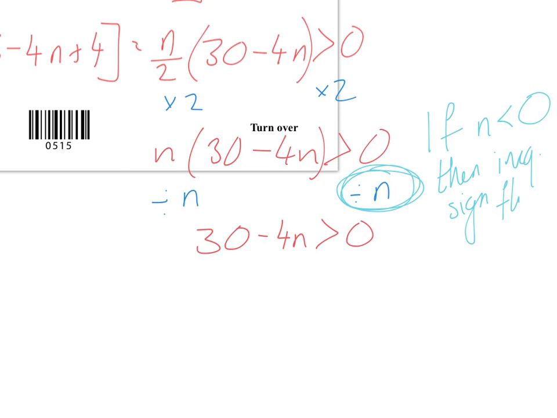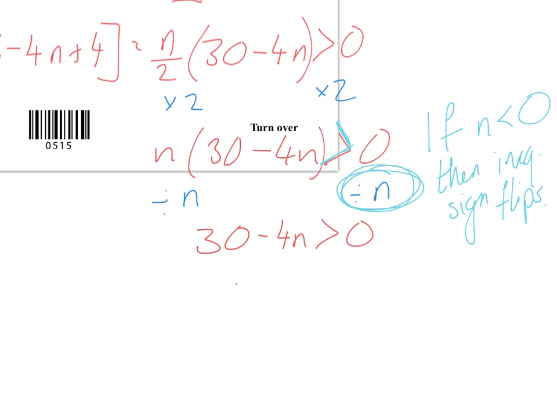That should be a fact you know before you start the IB course. But if n was negative, then you'd have to think about how this inequality symbol would behave. Fortunately, because n is the number of terms in a sequence, n has to be positive. So I can do this division without worrying about what would happen if n were negative.